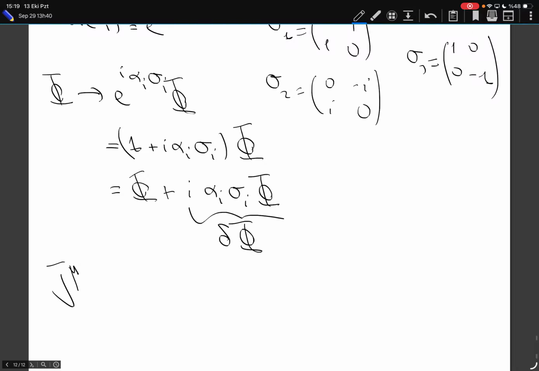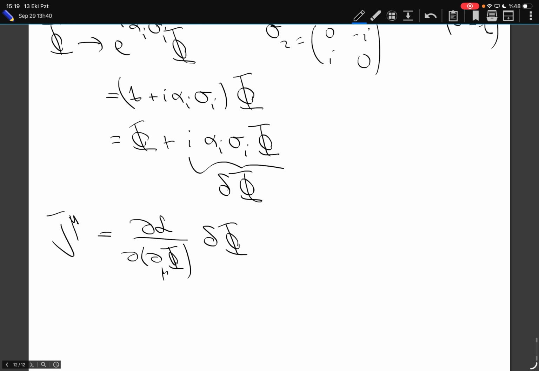So what will be our current? Well, the derivative of the Lagrangian with respect to del mu phi and the variation of phi. Well, the Lagrangian is invariant, so this is our current. Well, what will this be?